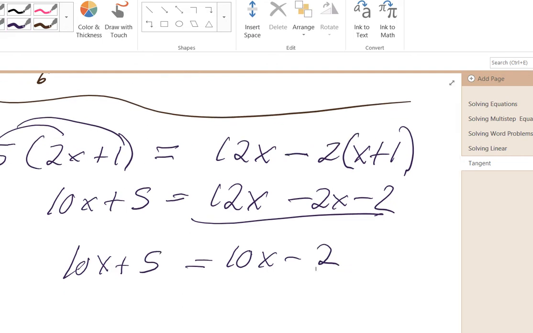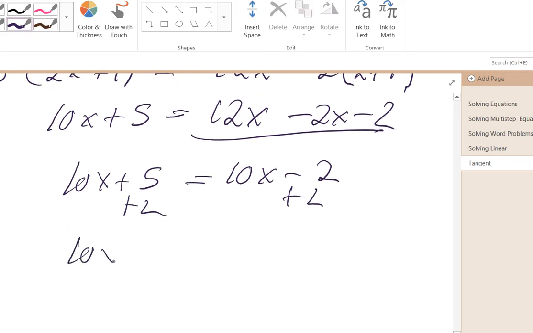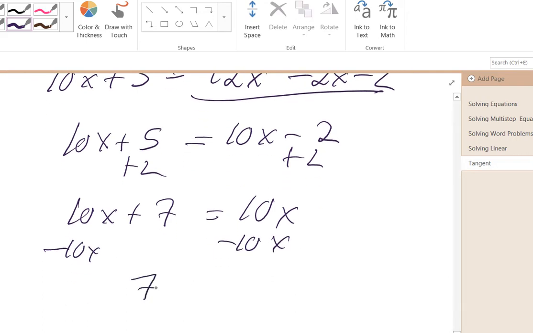And now? Add the 2 to the 5. Now? Subtract the 10x. What is this going to give us? 0. Okay. What does this mean?